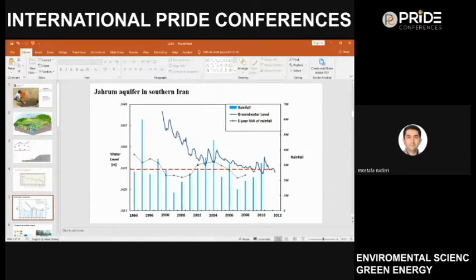But until now we cannot say what the level of management in this aquifer is. We only know that the management in this aquifer is weak.